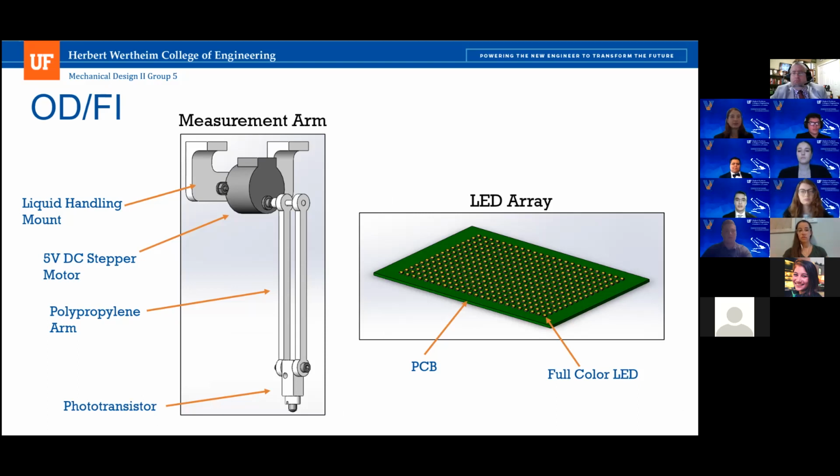This spectral range is practical for many fluorescent intensity measurements. And the largest intensity for these LED lights actually occurs at about 580 nanometers, which is perfect for optical density 600 nanometer measurements. And these will all be mounted to PCBs that will control the power across these LEDs and can then control the actual wavelength they emit at.